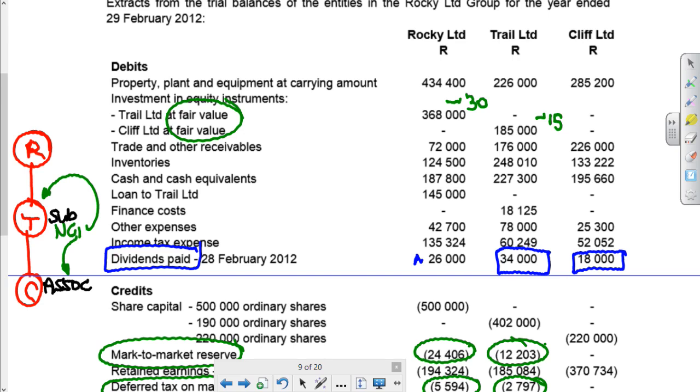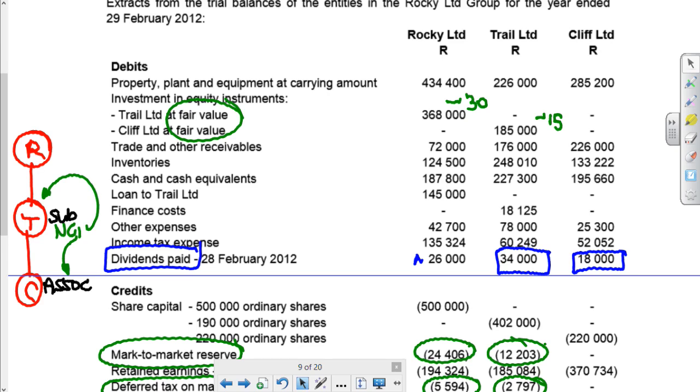When we do the NCI at the bottom, he must get a piece of that and we only get the rest. Yeah. So what you can do is you can work out effective holding if you want, or otherwise just make sure that you allocate. Whatever comes out of this associate here, you must split it between what will flow up to the parent and what won't, what will stick out that way. Make sense? Okay, you're going to give it a try?